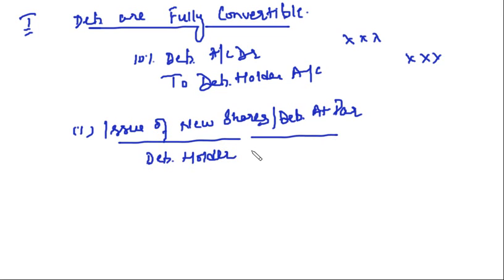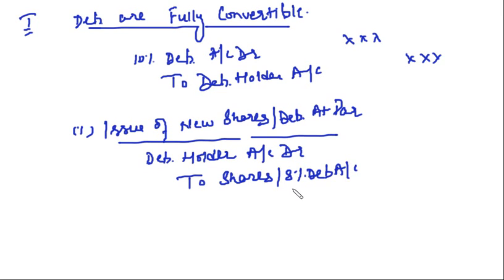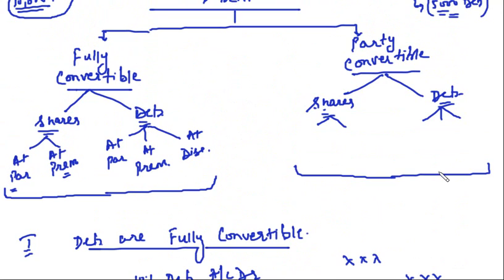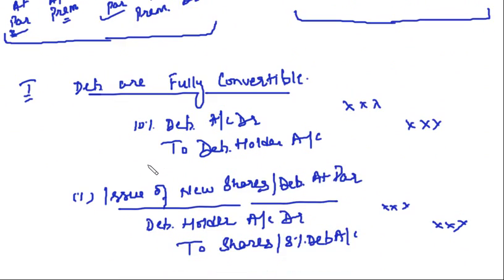Debenture holder account debit to shares or say 8% debentures account. That is another class of debentures. 10% debentures we have converted into 8% debentures. Is this clear, friends? Right? So fully convertible either into shares or debentures at par. So we have discussed this part.